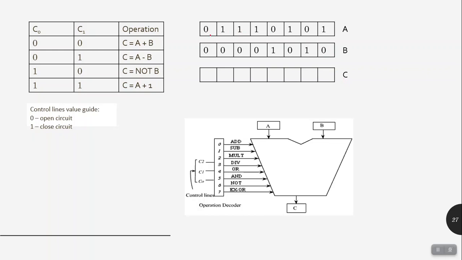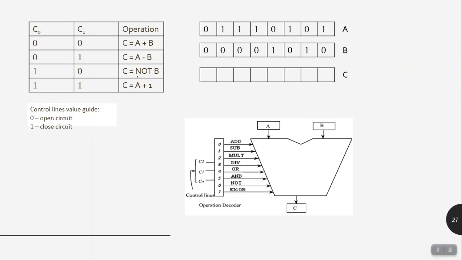The operations to be used for A and B are determined by the values of C sub 0 and C sub 1. If C sub 0 and C sub 1 have a value of 0 and 0, then we will add the value of B to A. If C sub 0 has 0 and C sub 1 has 1, we will deduct the value of B from A. If C sub 0 has 1 and C sub 1 has 0, then we will just flip the value of B, using the NOT.